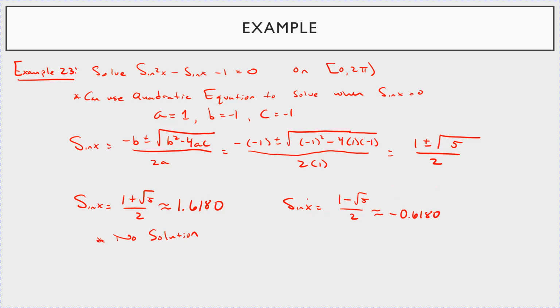Or excuse me, this was helping me figure out when the whole thing was equal to 0. Sorry. So to figure out what x is equal to, I have to now use the inverse trig here. All right, so I'm going to go to the next slide. Sorry about misspeaking there.